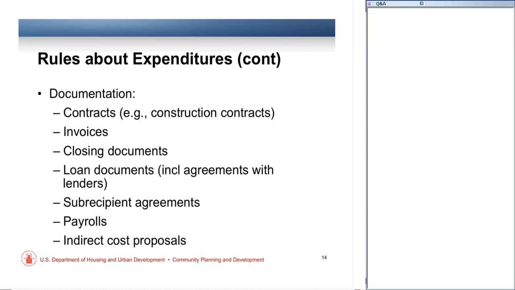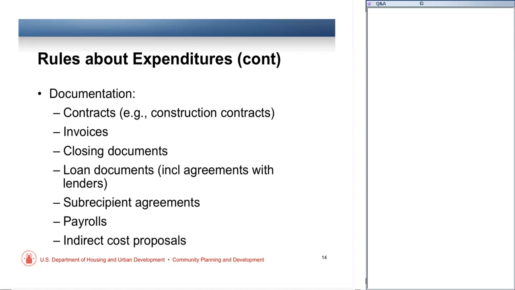You need to maintain payroll information in accordance with the OMB circulars, so that you can document both that someone has actually incurred an expense, and also in some situations you have employees working on more than one program, they may require time distribution records.